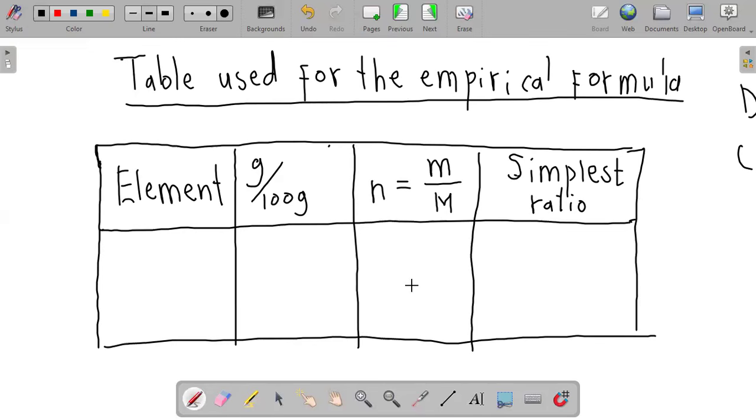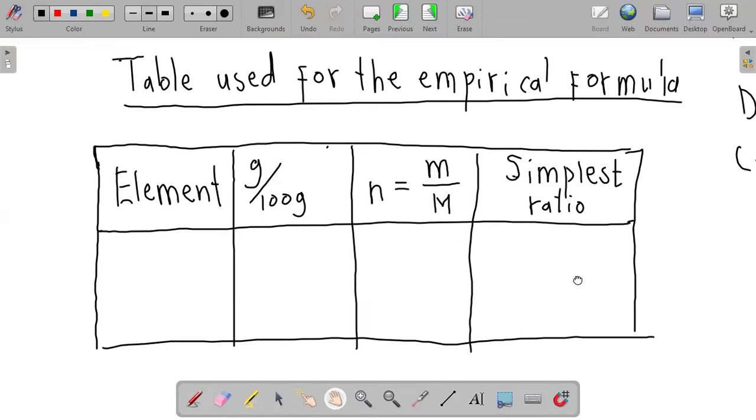If you don't understand, don't worry at this point. What you should know is that there is a table, and the table has 4 columns that we use.